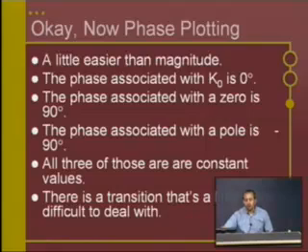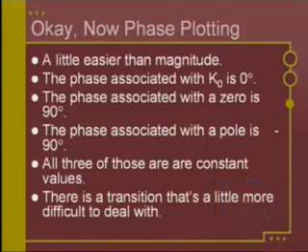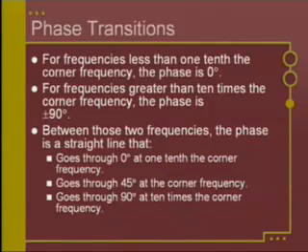The transition of what happens as new poles and zeros start to influence the circuit or the behavior of the transfer function, those get a little bit more difficult to look at and deal with.